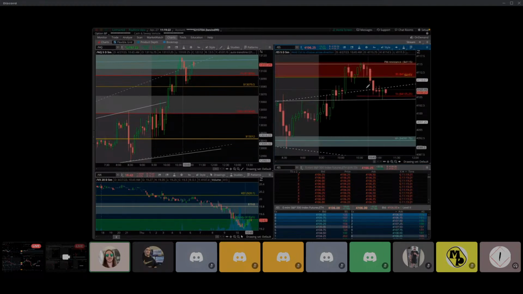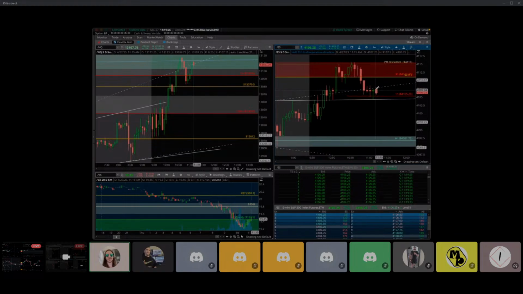I was going to say on the 5 minute, if we do print and we close right up here, it's sort of a rounding bottom where we're getting a lot of rejections at the bottom, showing maybe buyers are stepping in. And that would work out with one of my plays. My play again being that 411 key level bounce and then break down to the downside.